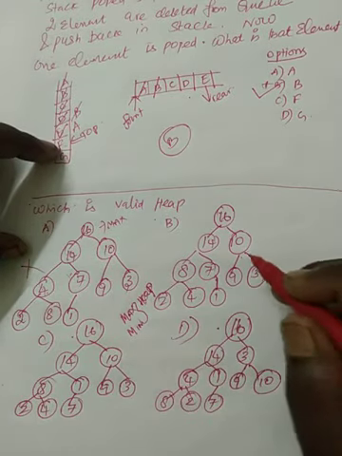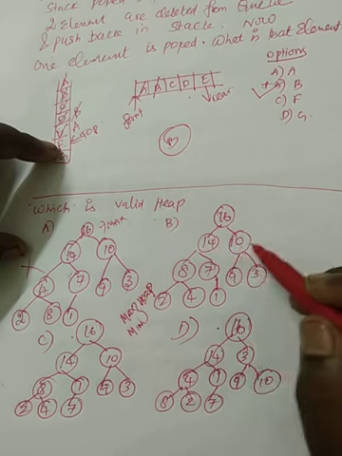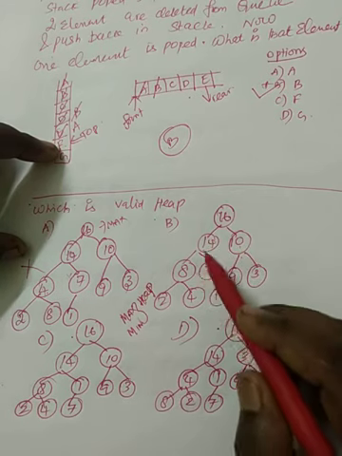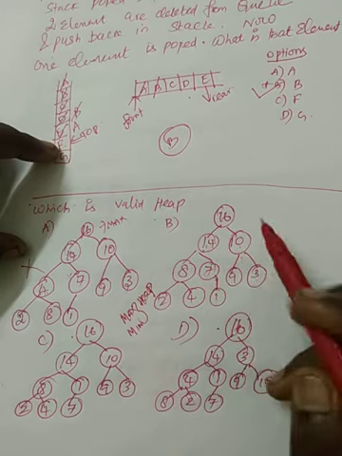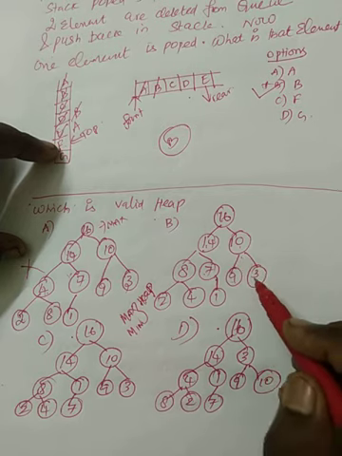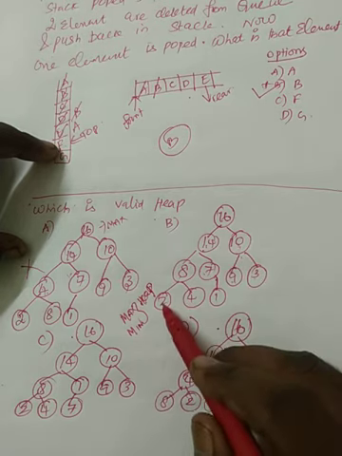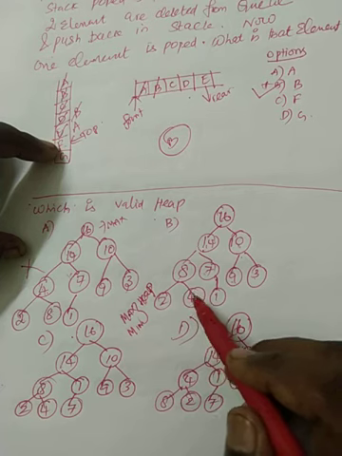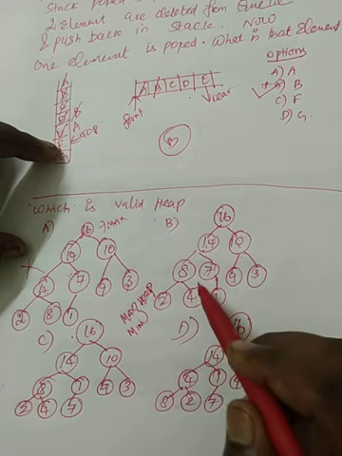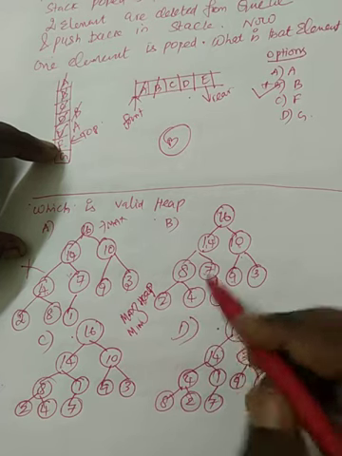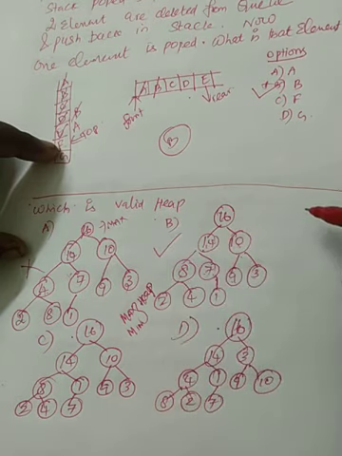Now option B: 16, 14, 10, no issue. 8, 7 are less than 14, no issue. 9, 3 less than, no issue. And 2, 4 less than 8, no issue. 1 is less than 7, no issue. Now it is a proper heap tree.